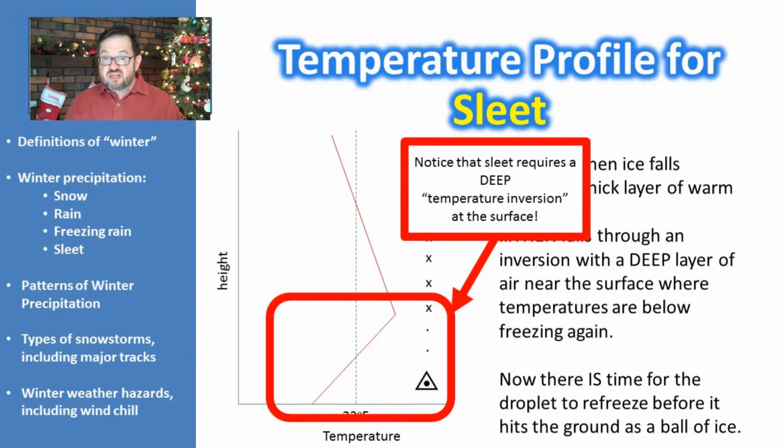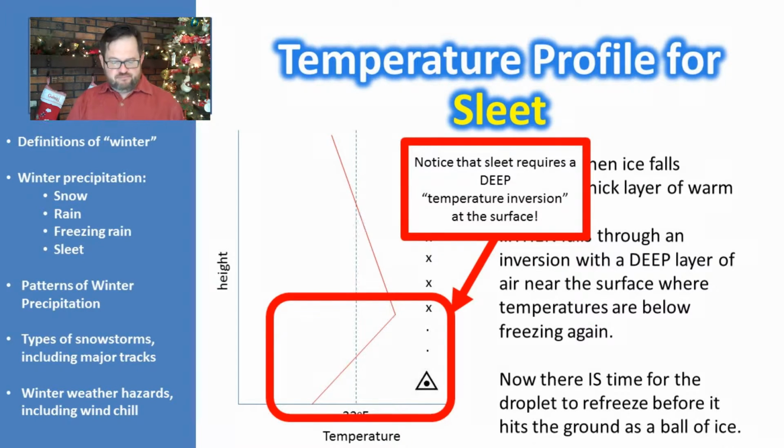And in fact, it's a pretty thick temperature inversion, and with a pretty thick layer near the surface where the temperatures are below freezing. Maybe it falls for a minute through air that is below freezing, and that's enough time that at least the outside of the drop has frozen, and it'll reach the ground in the form of a little ball of ice that is a frozen raindrop, that is sleet.